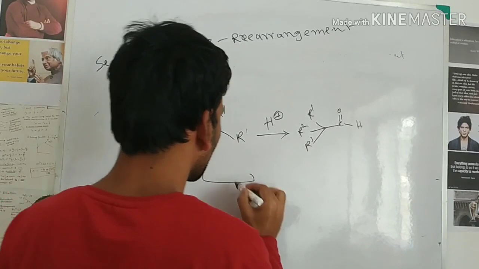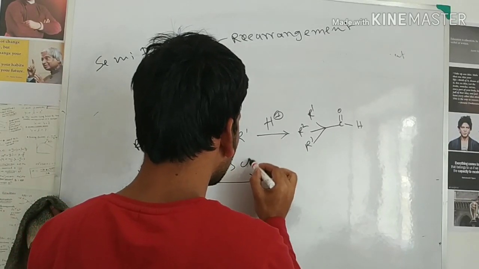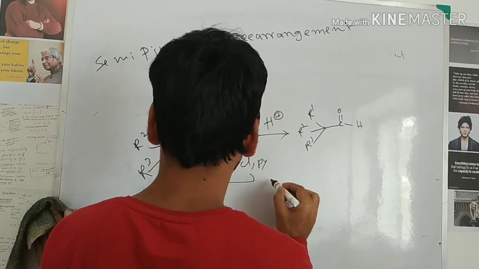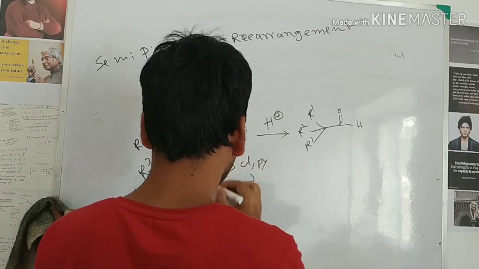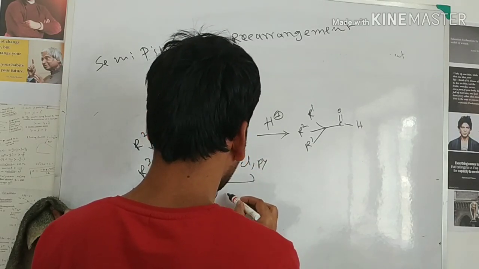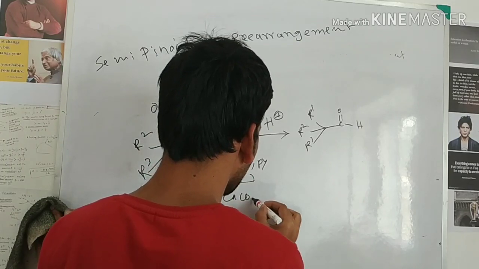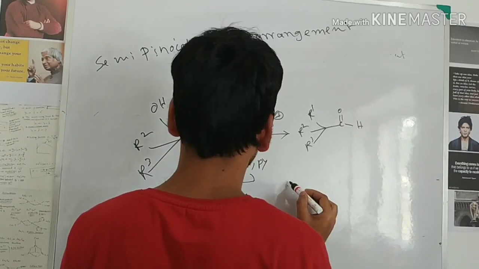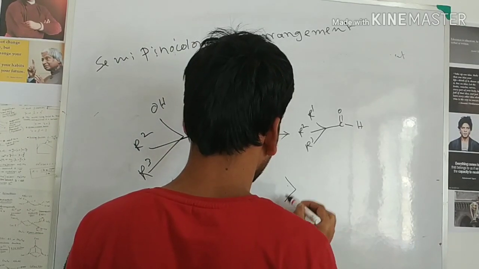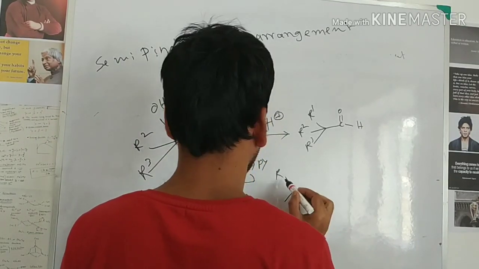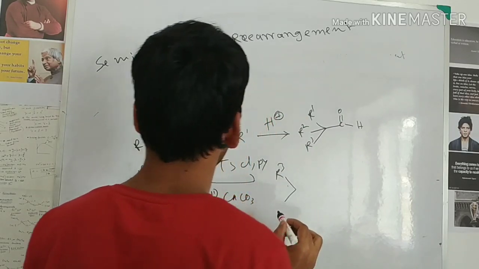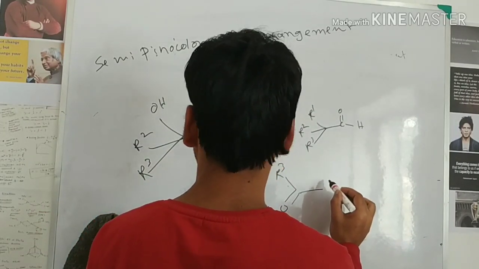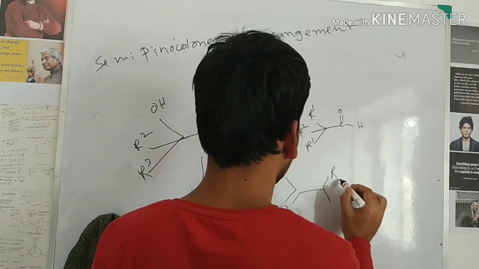But with TsCl, tosylation in the presence of pyridine, and then calcium carbonate, it gives this type of product.